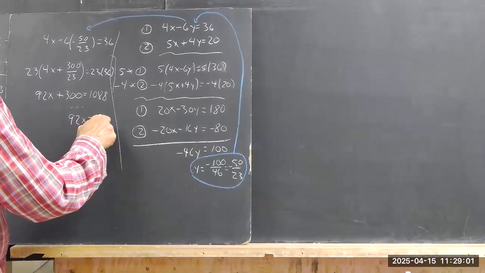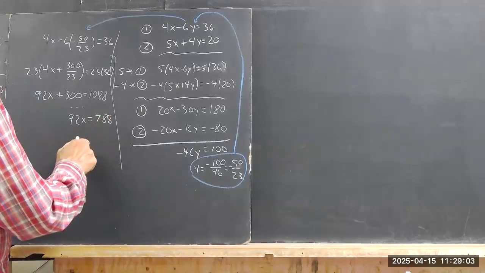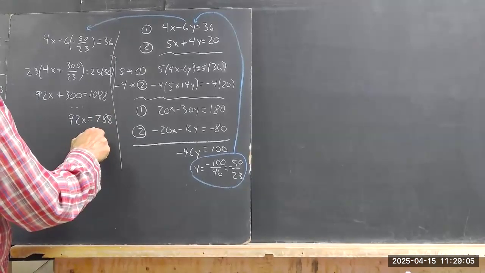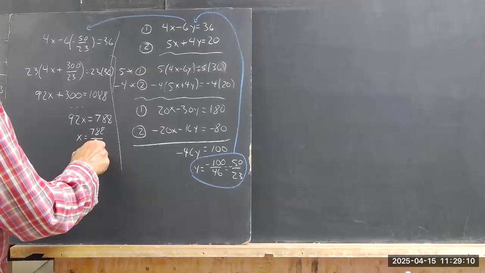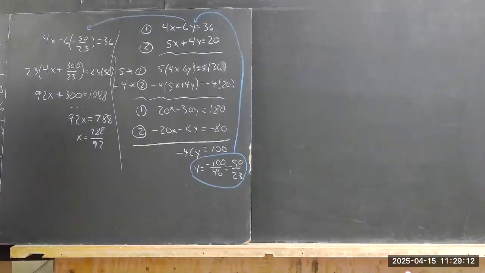Yeah. Okay. So this gives me 92x equals 788. So x equals 788 over 92. But 23 should go into 788.